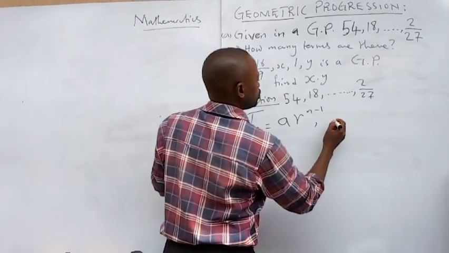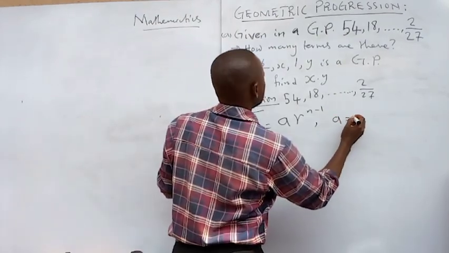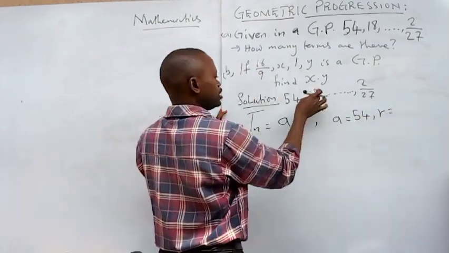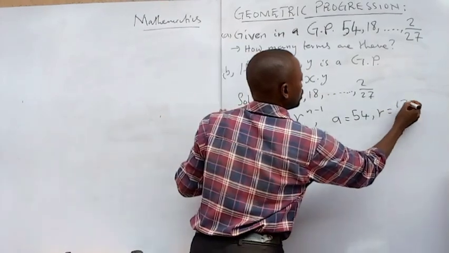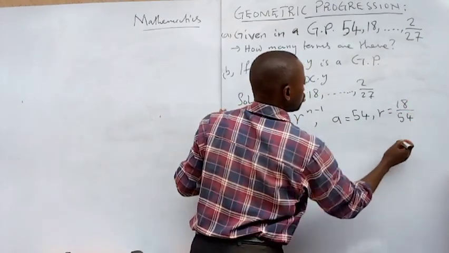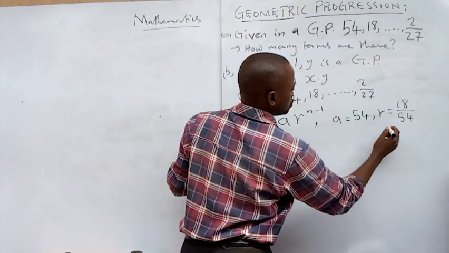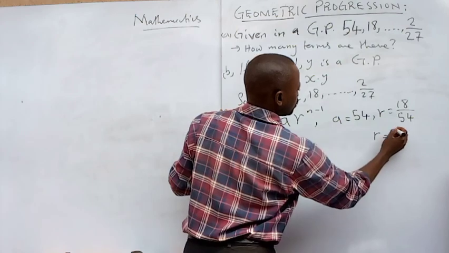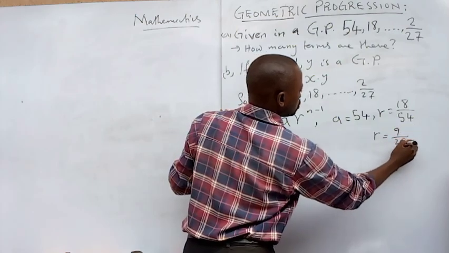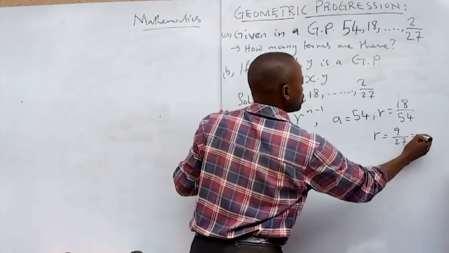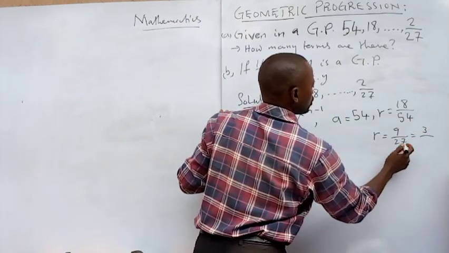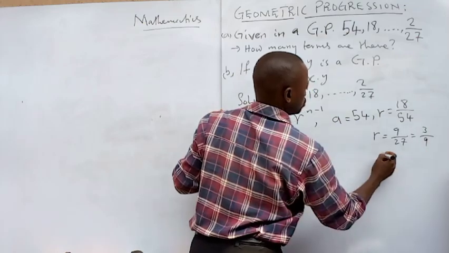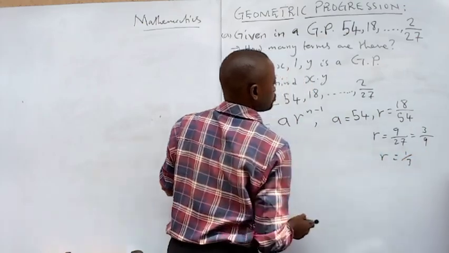Here, your first term A is 54, and the common ratio, which is latter divided by former, is 18 over 54. 3 can go into 9 and into 27, and I can still reduce it to 1 over 3. So my R is 1 over 3.